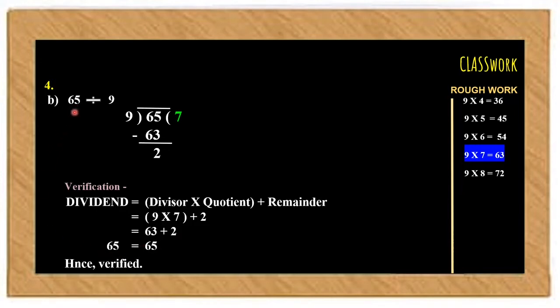When we know, children, that our original dividend from the question is the same as our answer, we can say that we have verified our division method and we can be sure that our division is correct.